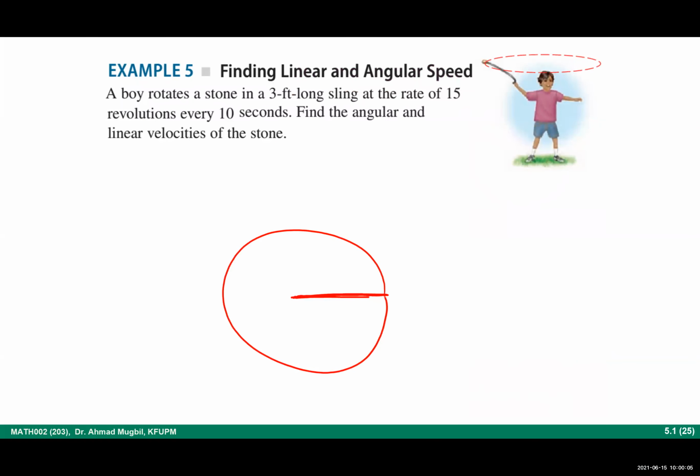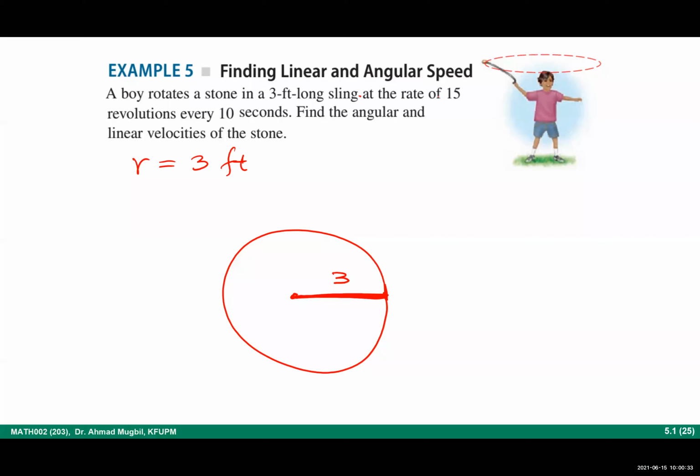The length of this rope is 3 feet. So what is it for the circle? The radius. So here we have r equals 3 feet. If you rotate it, it will be like this. Excellent, so until here we are okay.